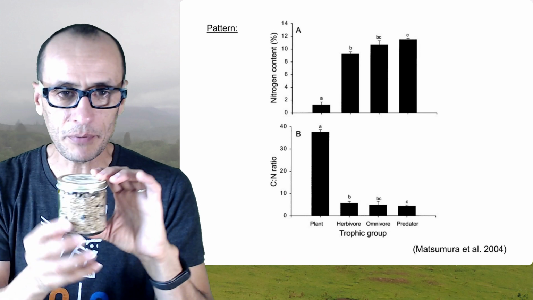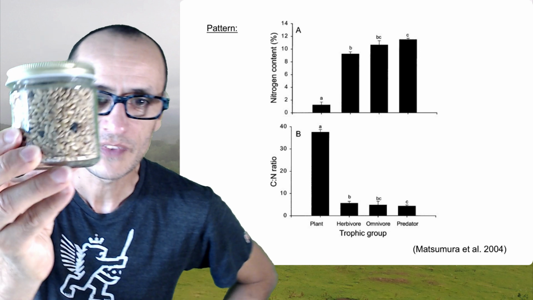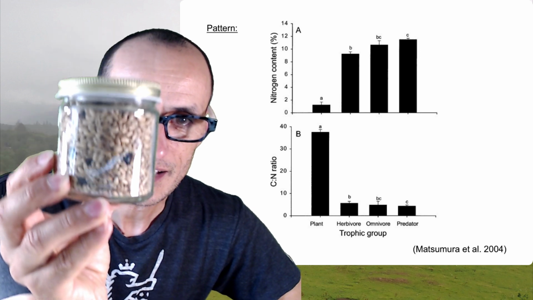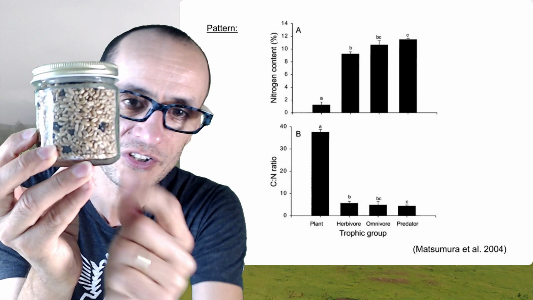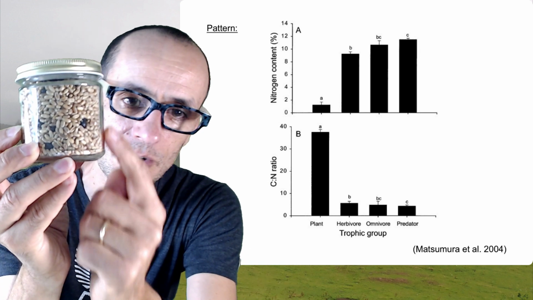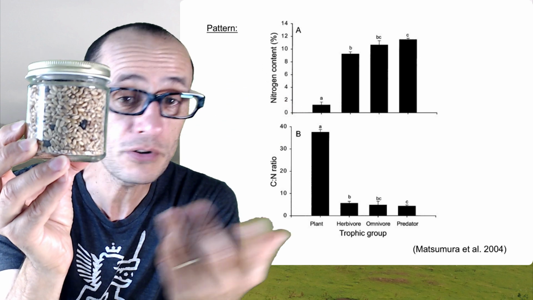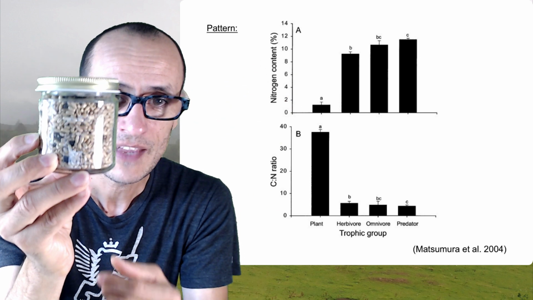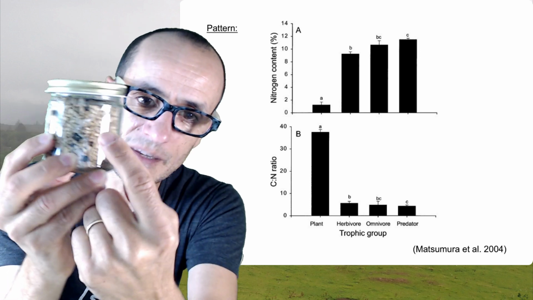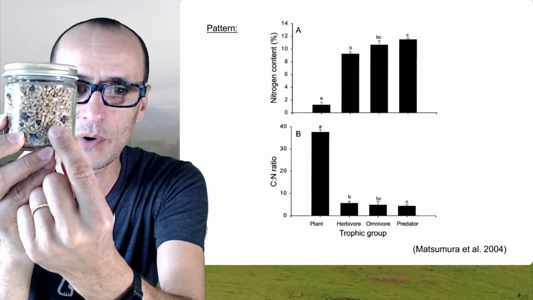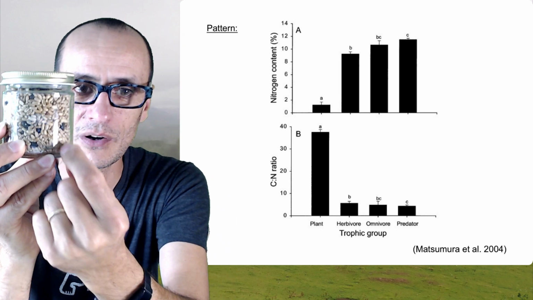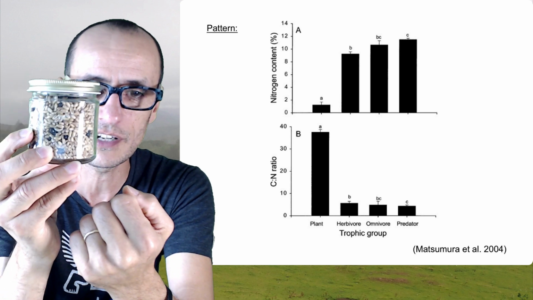So here's an example of a stoichiometric ratio. As you can see these little wheat berries here, you can imagine that that's carbon. These little beans that I put into this jar here, these are maybe proteins or amino acids. And what I really want is the proteins. What I really want is the little black ones because that's where my limiting nutrients are.